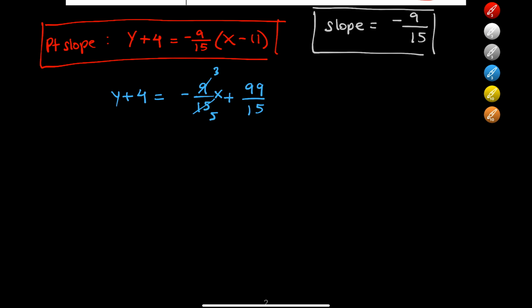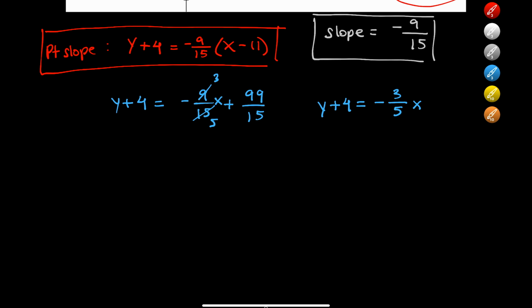And this is 3/5 x, by the way. So let me rewrite this as y plus 4 is equal to negative 3/5 x. And we could simplify this. This would become 33, and this would become 5. So it'd be plus 33 over 5.